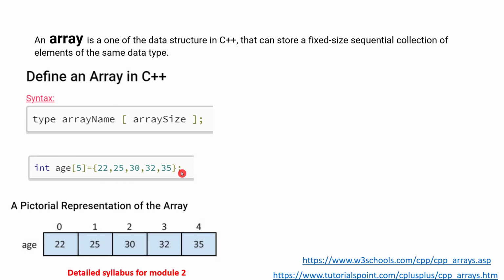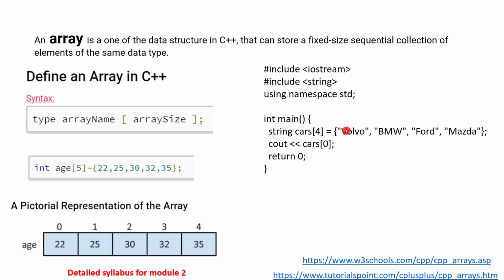So if we have 5 inputs, there will be n minus 1, 4 positions, including the 0.